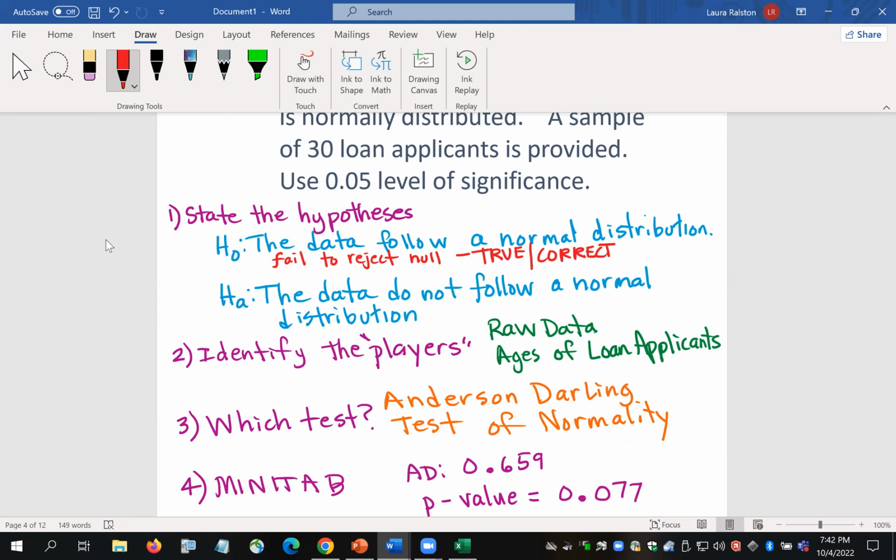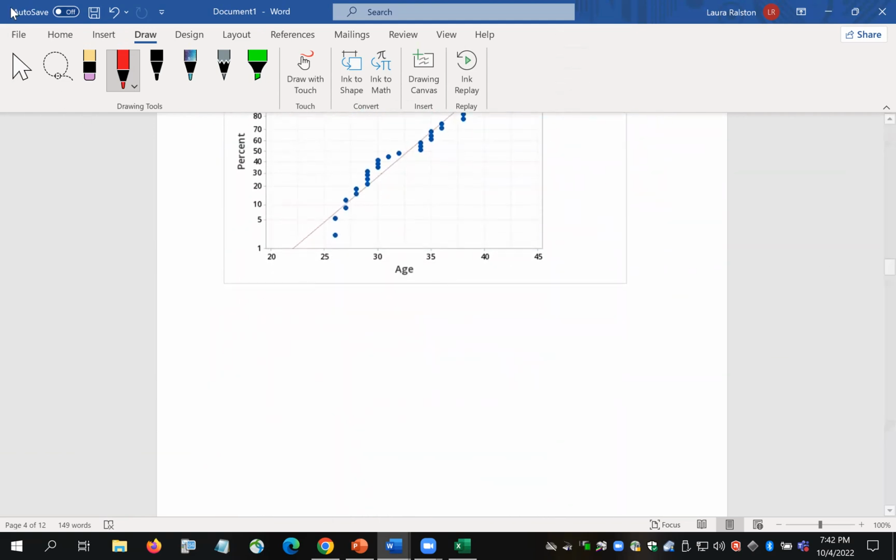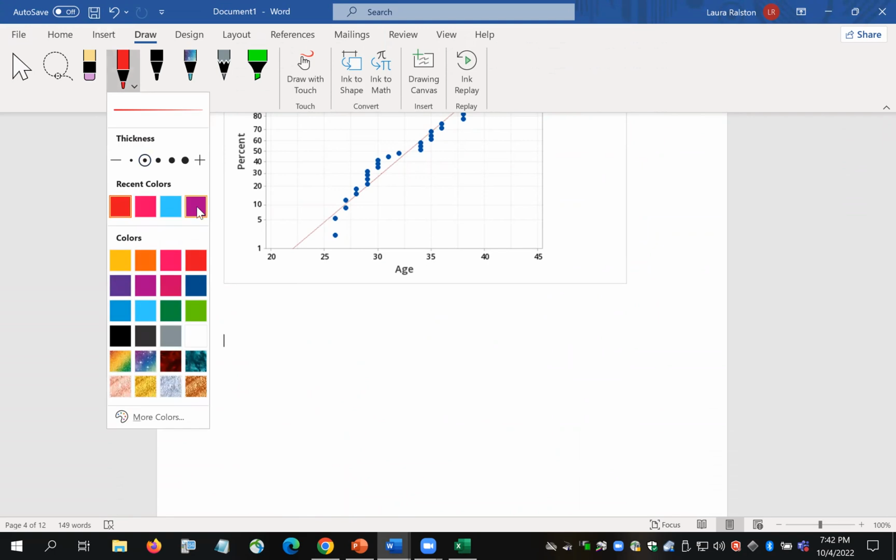And that would then by default mean that the alternative is false or wrong. And it's important to know which one of those is the case so that you can write your final conclusion, which is step 6.